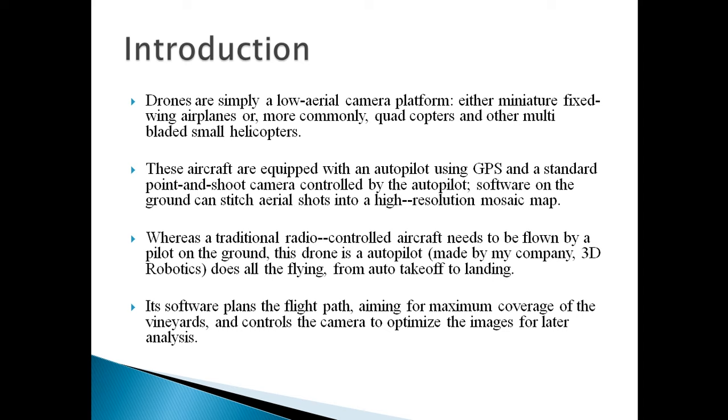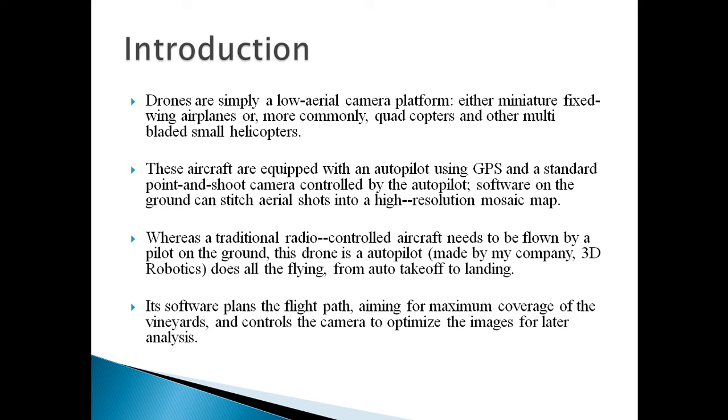These aircraft are equipped with an autopilot using GPS, and a standard point and shoot camera controlled by the autopilot. Software on the ground can stitch aerial shots into a high resolution mosaic map, whereas a traditional radio controlled aircraft needs to be flown by a pilot on the ground.